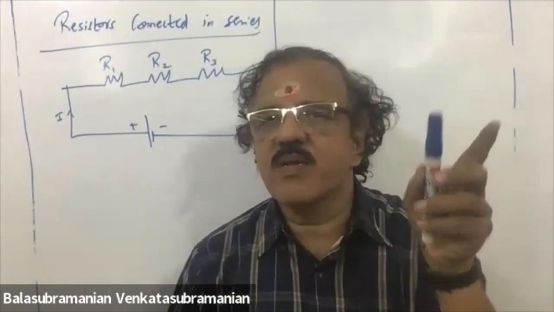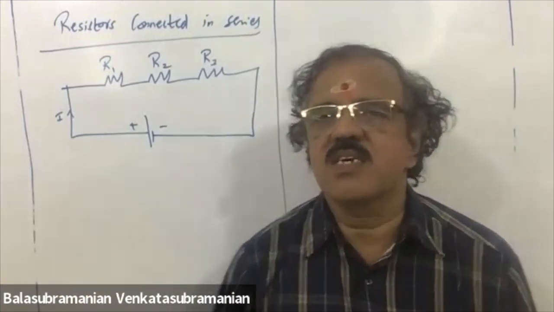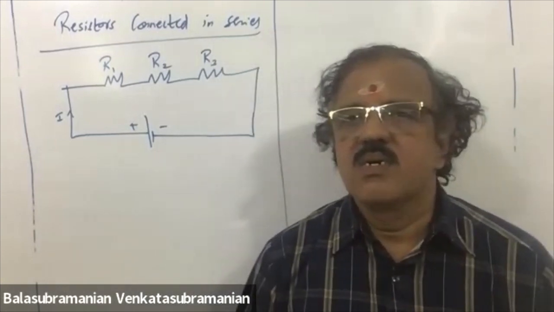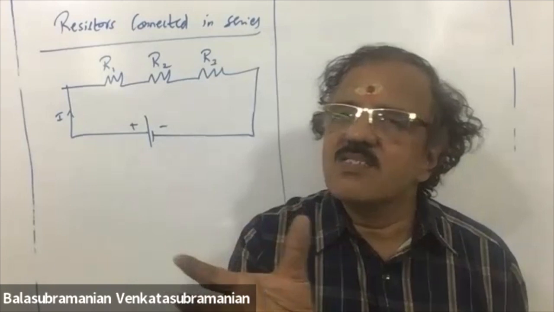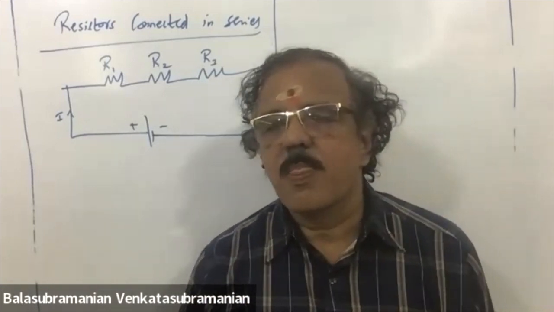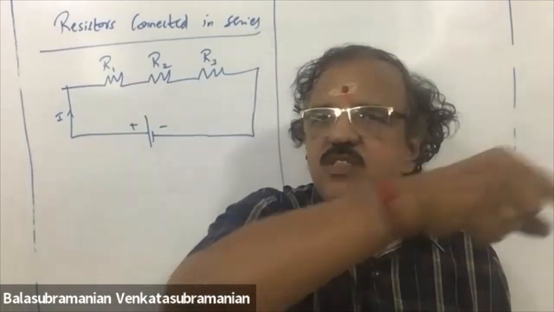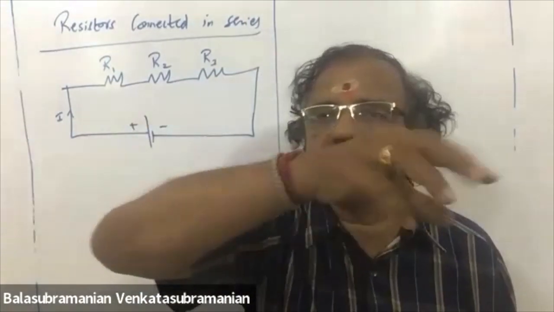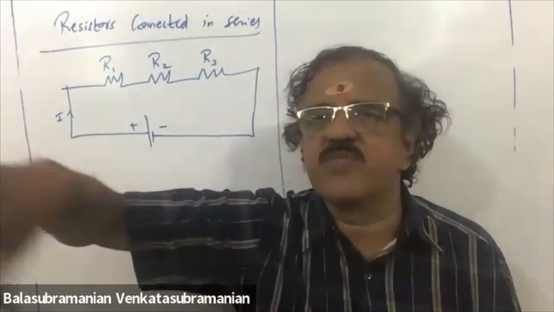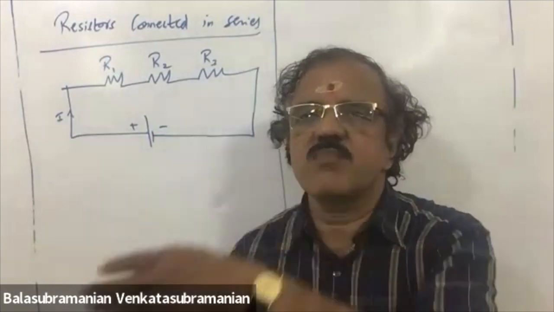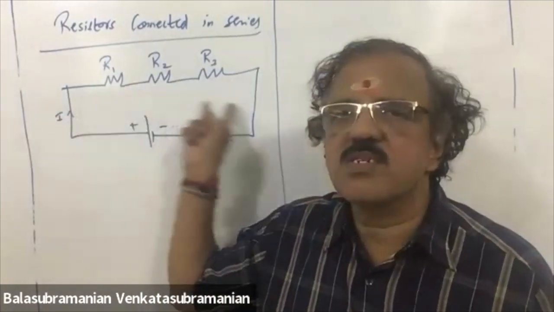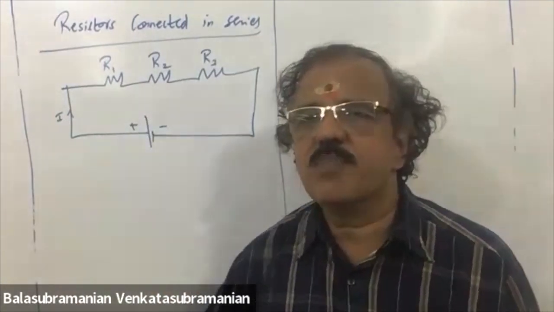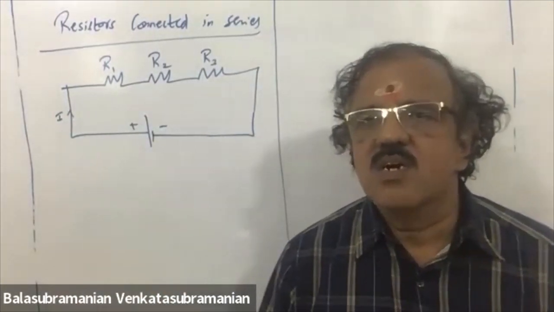Keep that example in mind and compare this. So water is considered to be current. Amount of water flowing through the same pipe. On the ground floor itself, you have got different taps, 5 taps. Same amount of water only. Similarly, in series, the current passing through is constant.